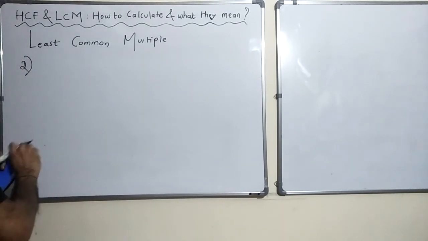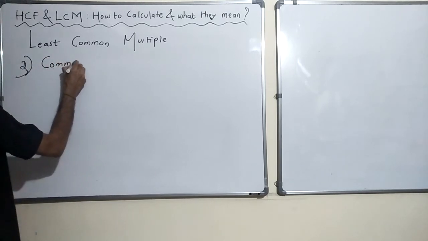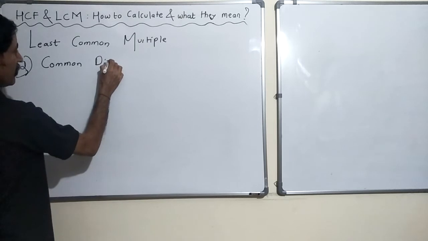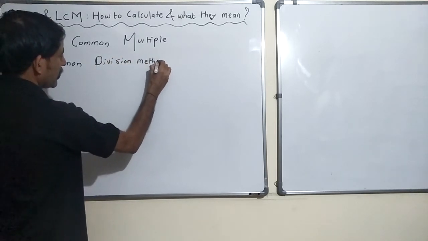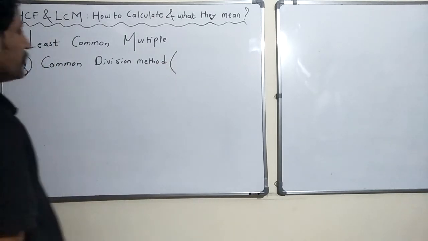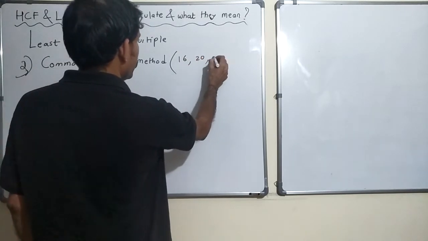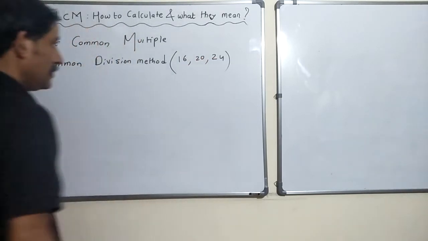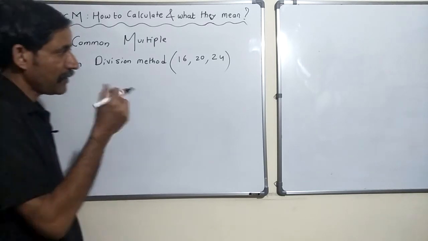The third method is the common division method. Okay, let's find out the LCM of 16, 20, 24. The same 3 numbers which we considered in the earlier example.